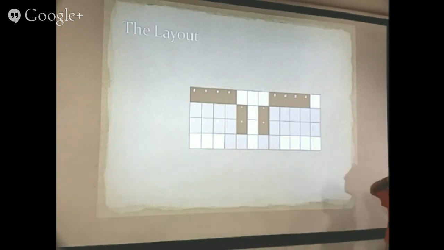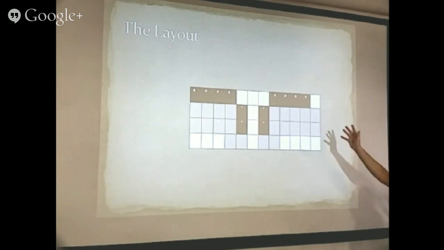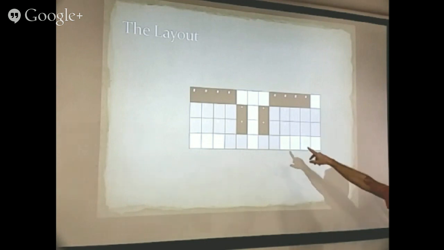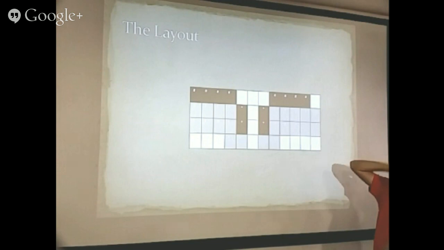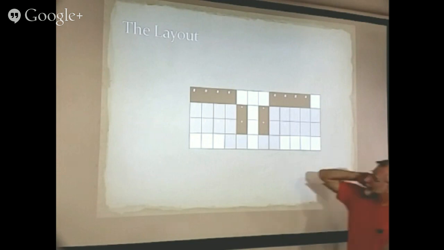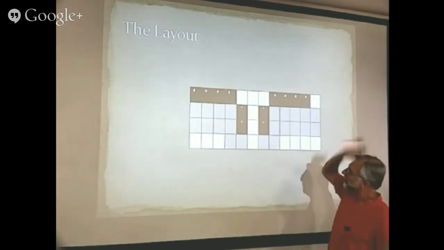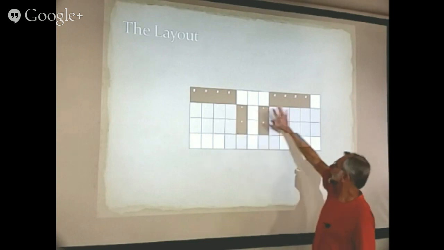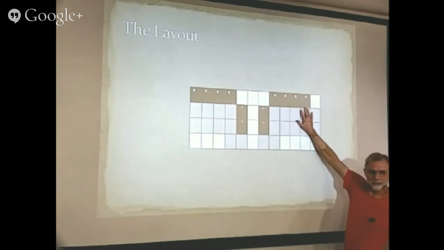I want to quickly tell you how this works. Eventually I'm going to want to talk about fourth, but this is more interesting to me right now. The way the mnemonics work is, your left hand handles initial consonants in a syllable, your right hand handles final consonants in a syllable, and your thumbs handle vowels.